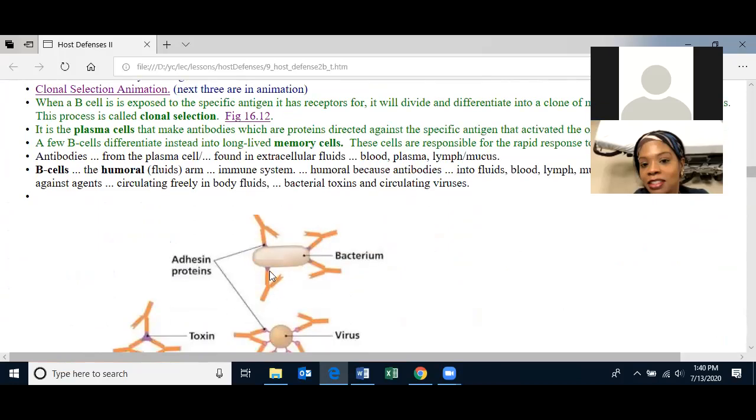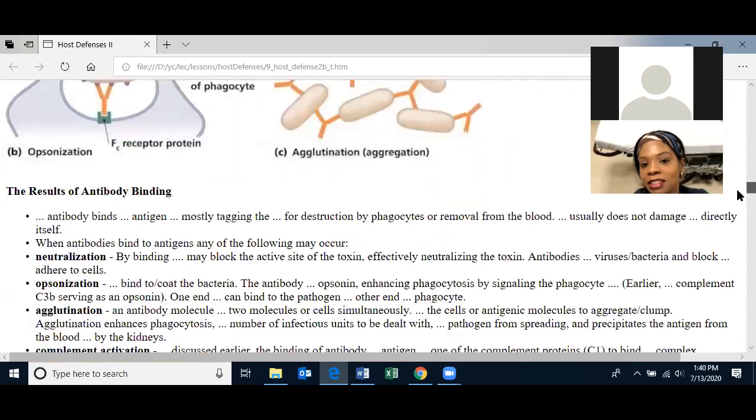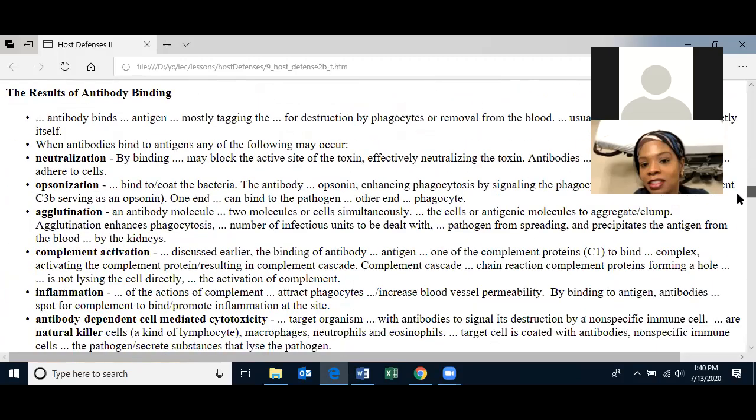The antibody binds to the antigen, well then the complement protein, C1, can bind to this antibody. And then that can activate the complement cascade so that a hole gets put in the membrane of this cell. So antibodies can aid the complement activation. And we talked about that last time.